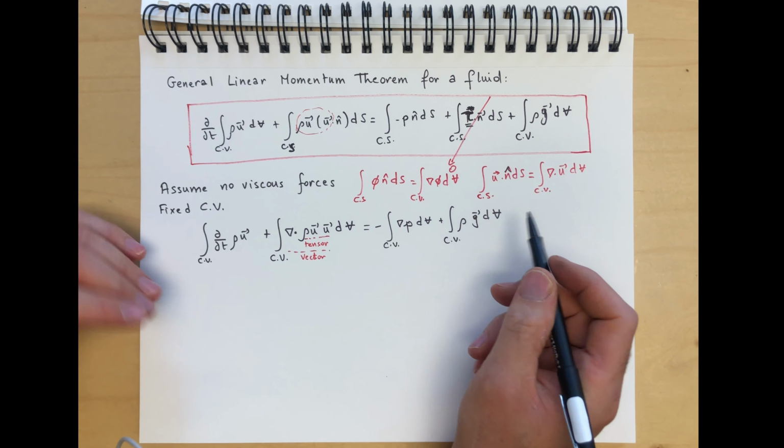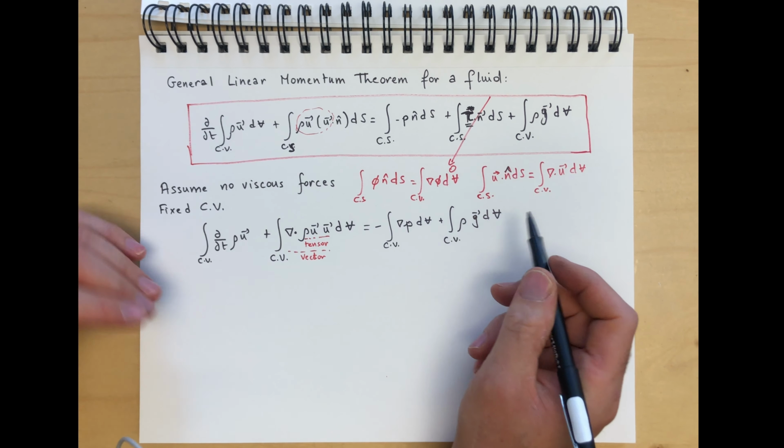Now we're going to make the same argument that we did before and say since the control volume is arbitrary, the above is true if the integrands are equal.